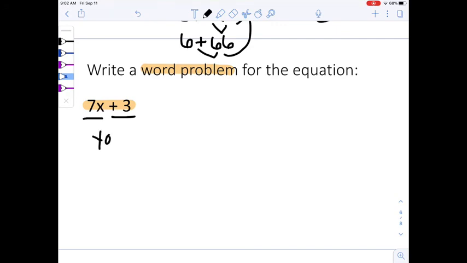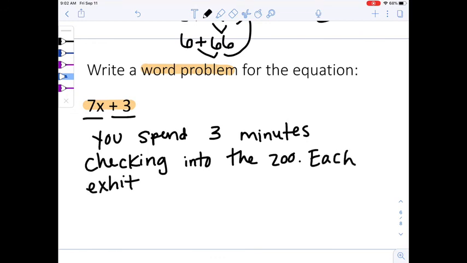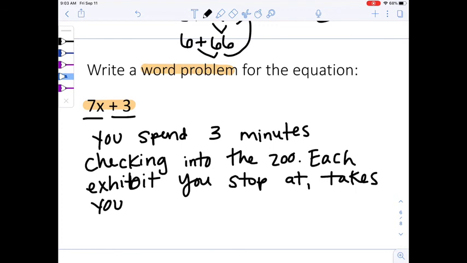So let's say you spend 3 minutes checking into the zoo. Each exhibit you stop at takes you 7 minutes.